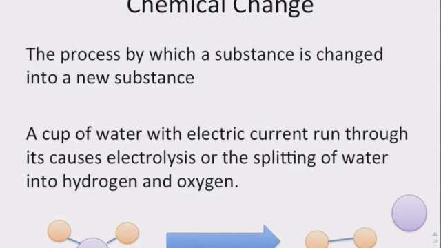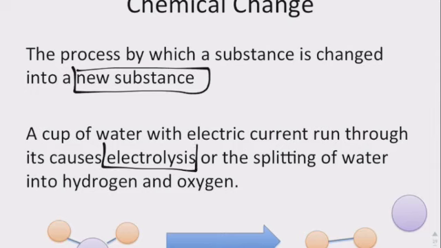Now, a chemical change, on the other hand, is the process by which a substance is changed into a new substance. So when we added the acetic acid to the baking soda and the calcium chloride, it changed into something brand new. If we put a cup of water with electrical current running through it, it's called electrolysis, or the splitting of water into hydrogen and oxygen.